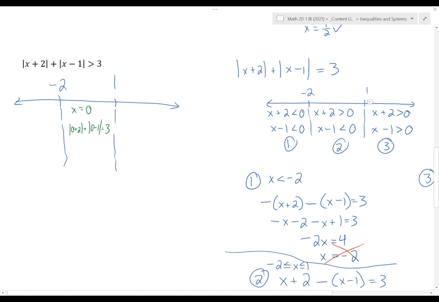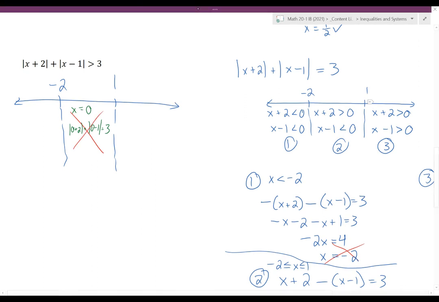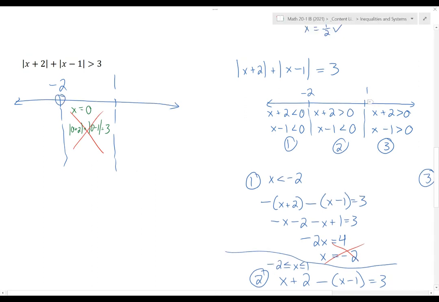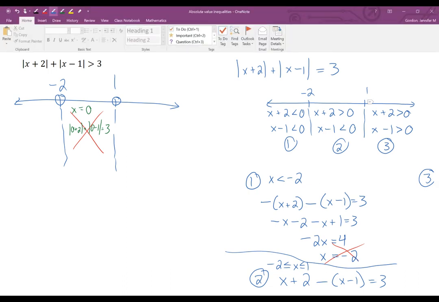It's always going to be equal. And since I don't want to include equals, I can't include this interval. I also can't include the endpoints, because if I chose the endpoints, they would also be equal to 3. If you substitute negative 2 in here, or if you substitute 1 in here, you get equals 3, which I don't want. So now what I'm left to determine is, are either of the other intervals included?